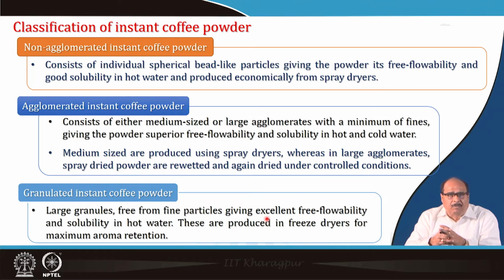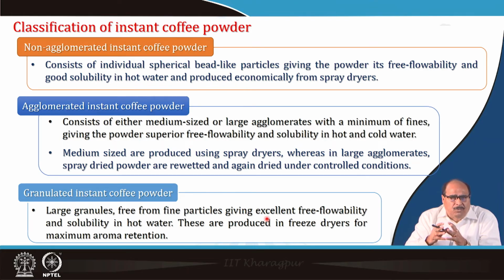Classification of instant coffee powder: there are in fact non-agglomerated instant coffee powder, which consists of individual spherical bead like particles giving the powder its free flowability and good solubility in hot water, and produced economically from spray dryers.